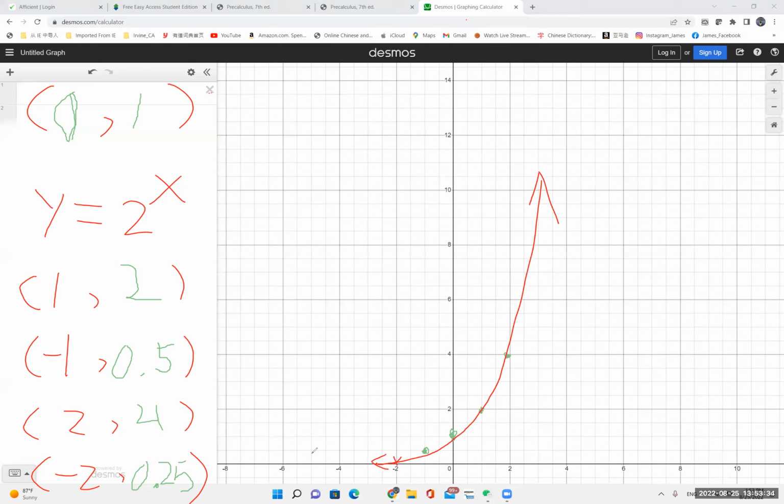After you finish this, you can let Desmos draw for you for comparison. For example, y equals 2 to the x power, right? So you say it's almost the same, right? Yes.